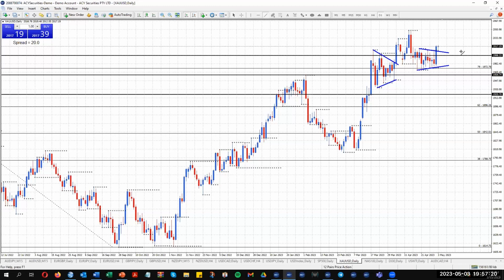So all we might get from here is another break up, and then we could see more consolidation. We break up, might get a little two-way thing going on, and then we're back into consolidation.